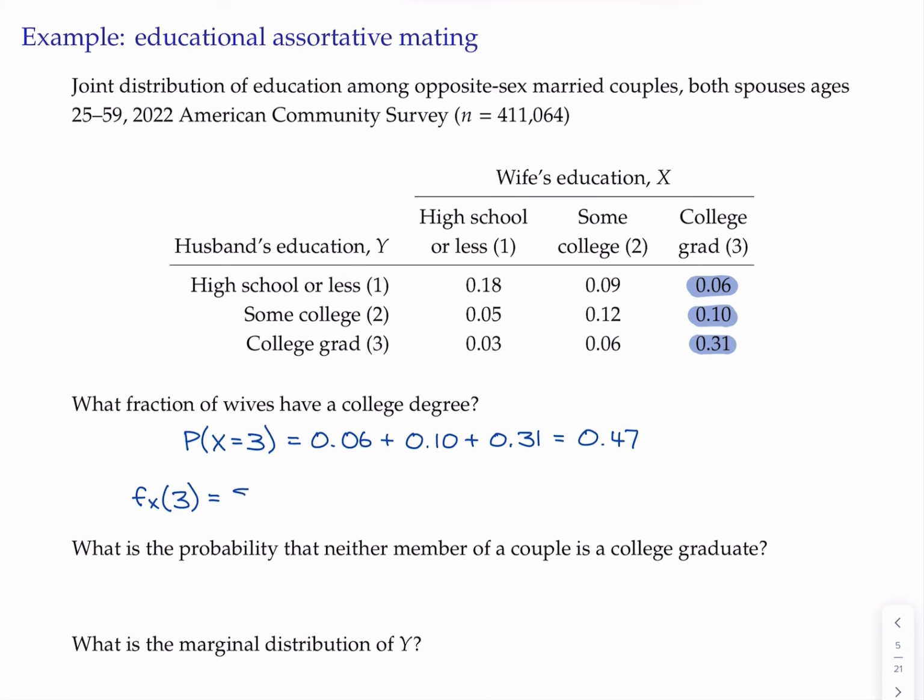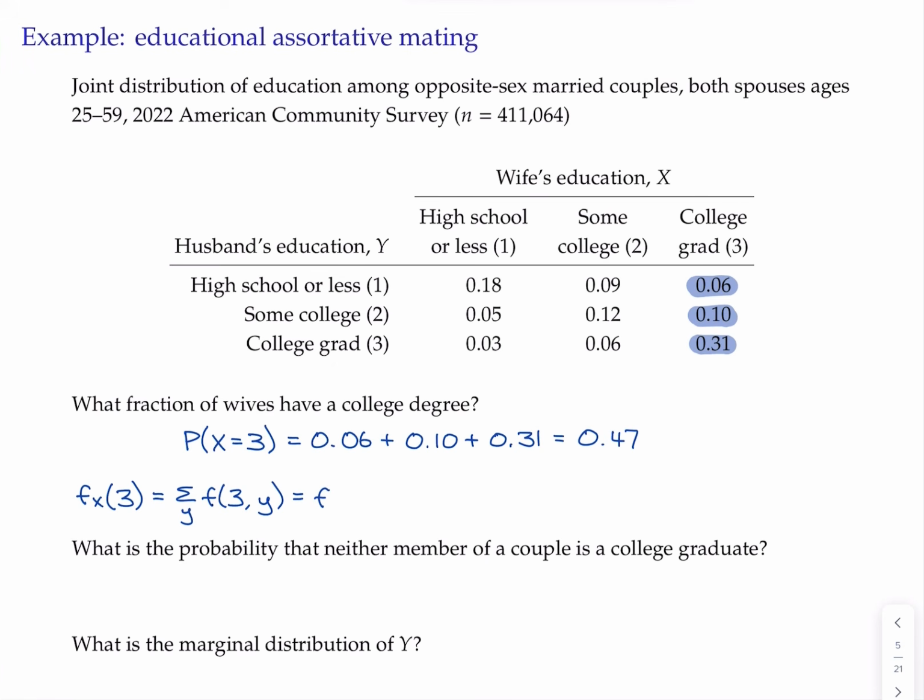And the way we find it is we add up the probabilities that x is equal to 3 along with different values of y, and we add it across the different values of random variable y that can occur. So after summing all of those joint probabilities, we get a total probability that x is equal to 3.